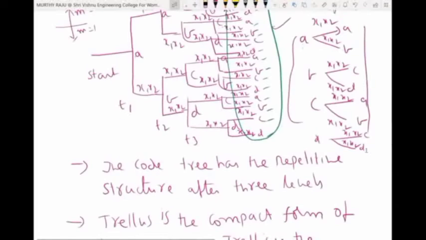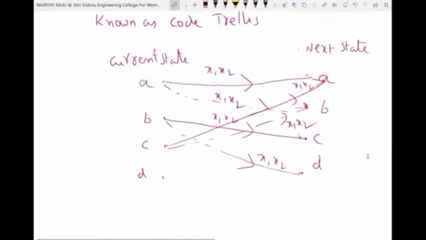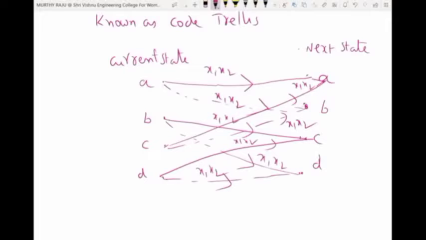Finally, D to C and D to D. D to C, X1, X2, output bit is 0, and D to D, X1, X2. This is the output.